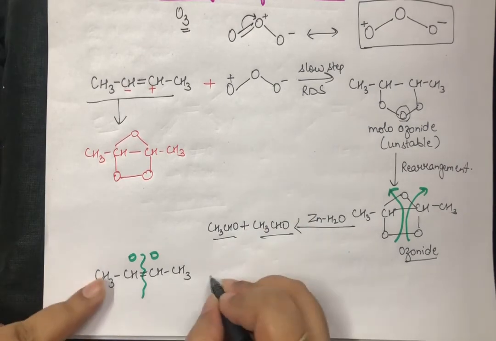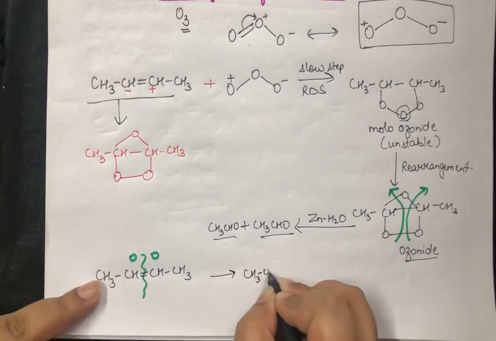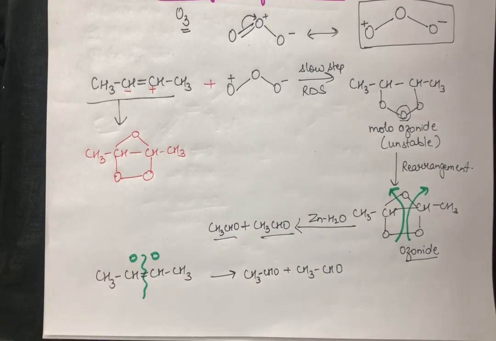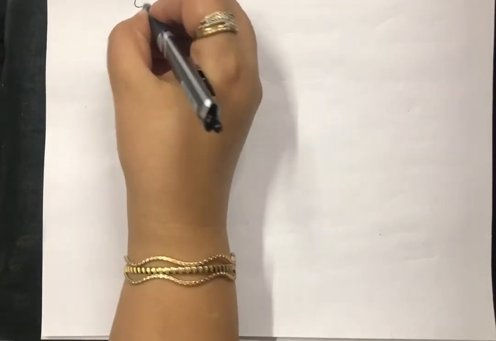It is CH3CHO plus CH3CHO. So the easiest way is to break the double bond and add one oxygen on each side of the molecule.